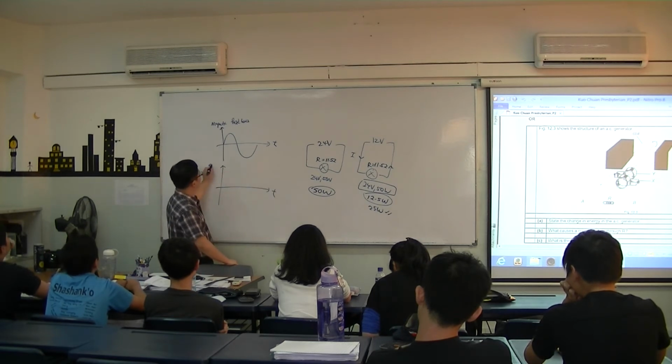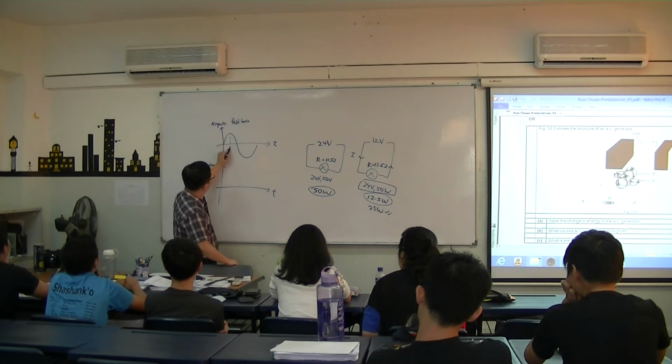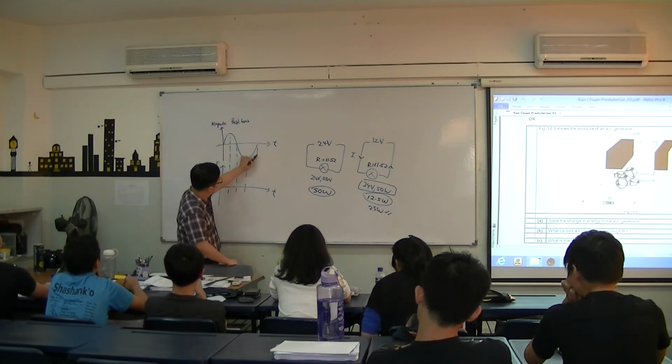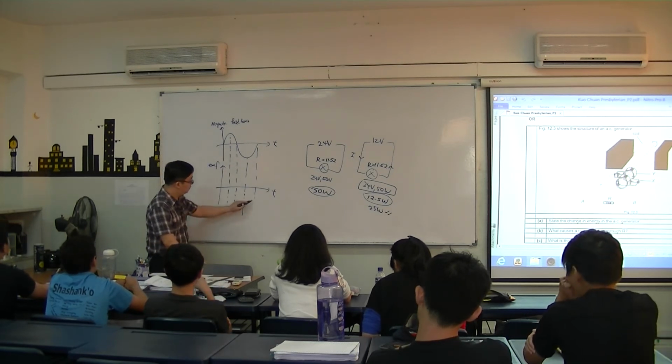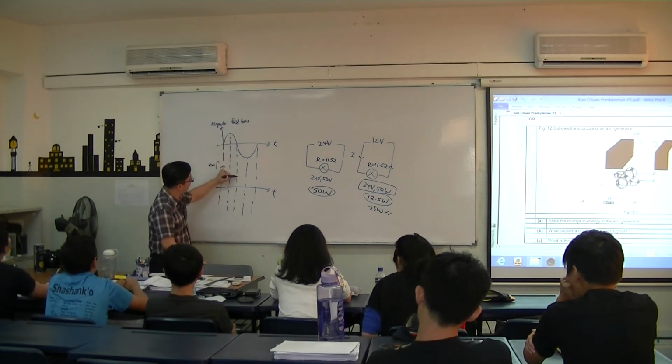Okay, EMF must be plotted accordingly. Zero becomes negative, maximum becomes zero. This one becomes maximum, this one becomes zero, maximum. So the graph will be like this.